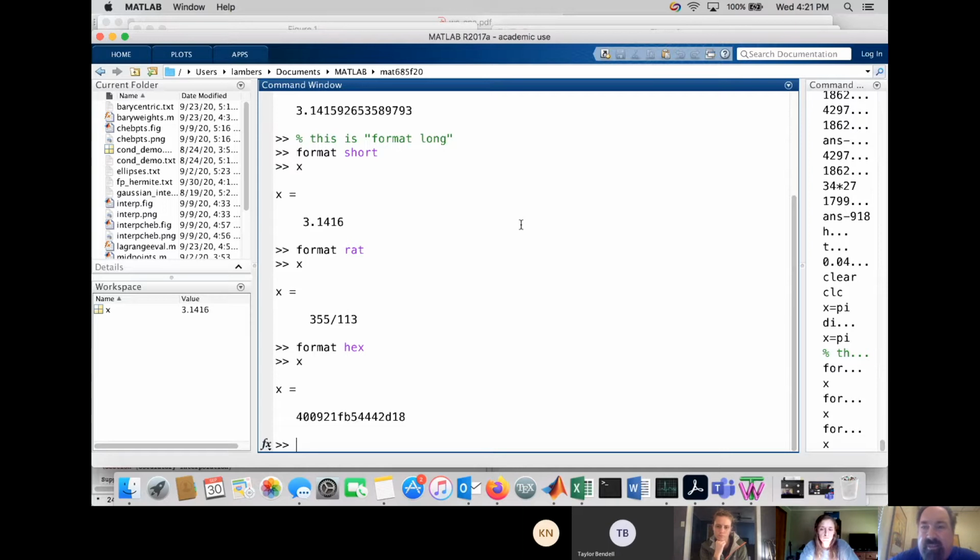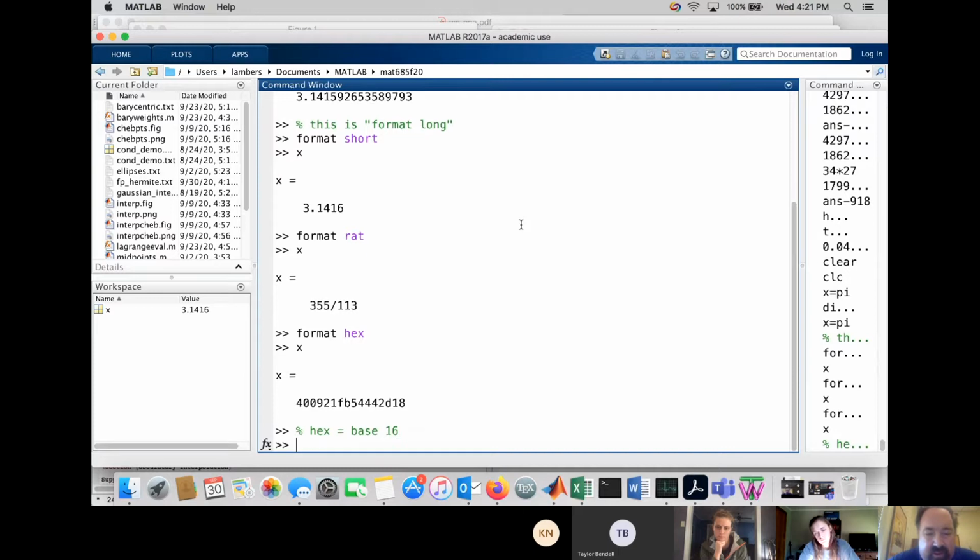It means hexadecimal. So this is base 16. So each one of these is a base 16 digit. So we have 0 through 9. And then to represent 10 through 15, we use letters A through F.